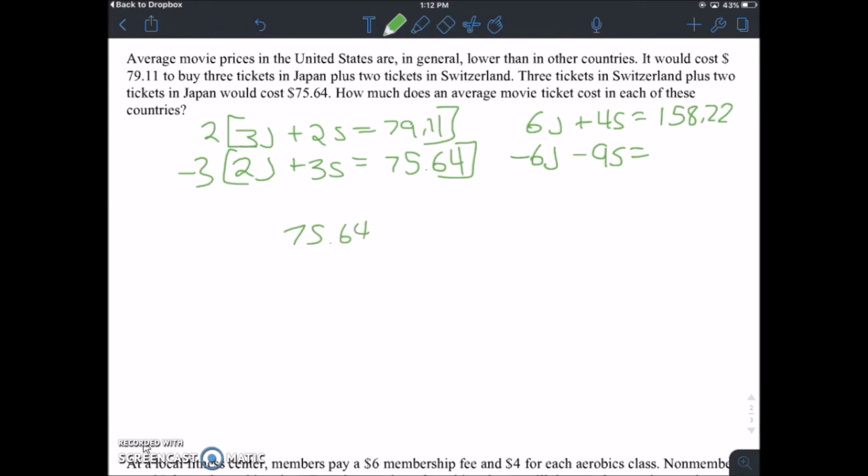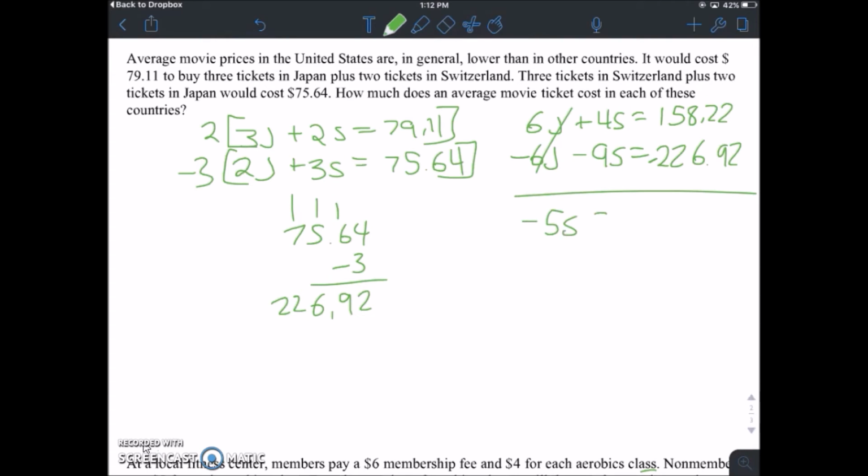-6J minus 9S equals 75.64 times -3, which is -226.92. Combine the equations, I get -5S equals 158.22 minus 226.92, which is negative 68.70.